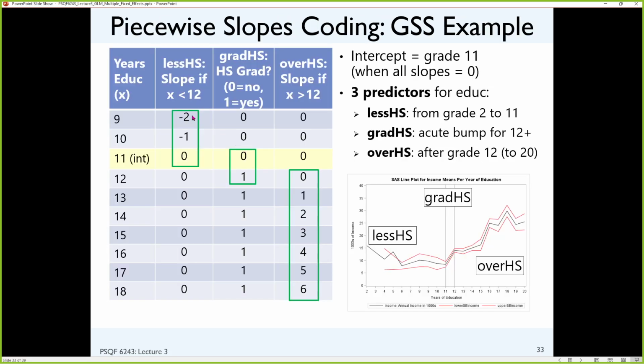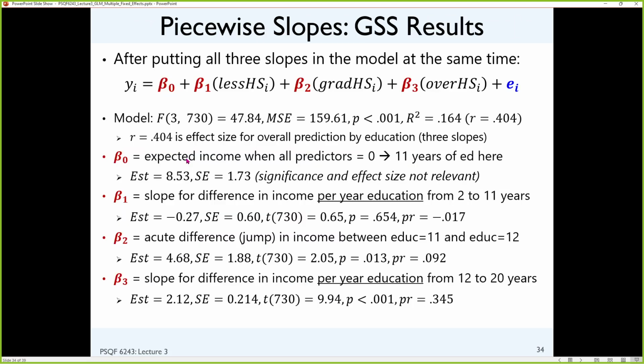So this variable tracks the change in education from whatever the sample minimum is, I think 2, up to 11. So the slope estimate for beta 1 is negative 0.27.